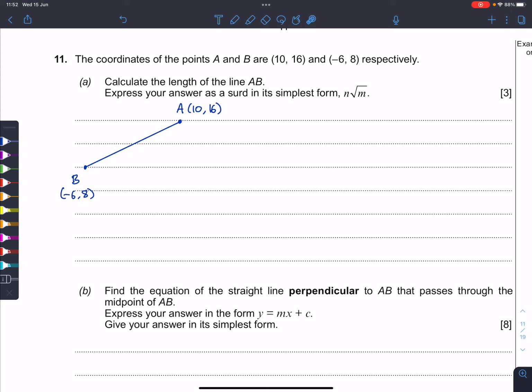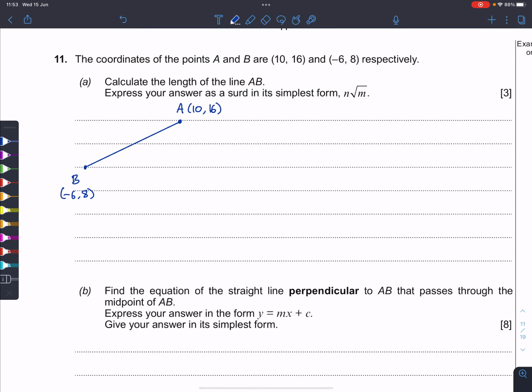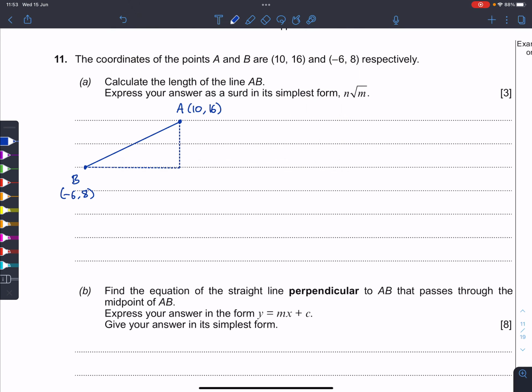Okay, so what I'm going to do is create a right angle triangle. I come down from there and come across from there. That makes a right angle triangle. And if I have a right angle triangle, I can work with Pythagoras to try and find this length AB. But first of all, I need to know a couple of different values.